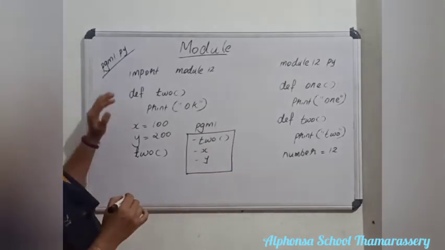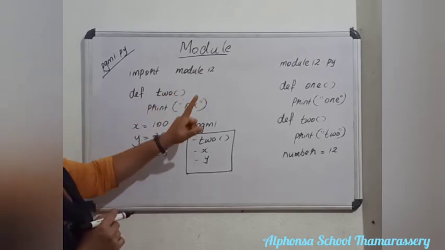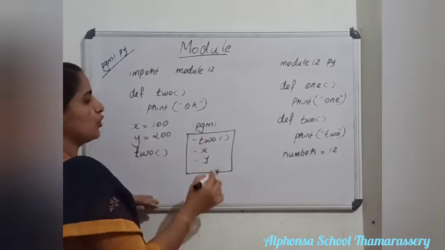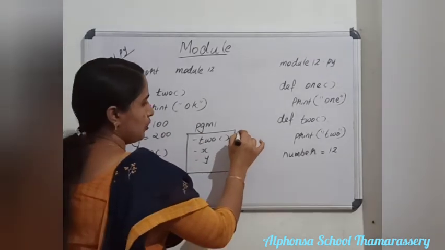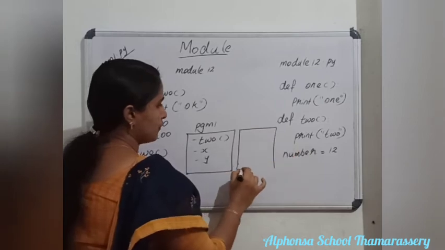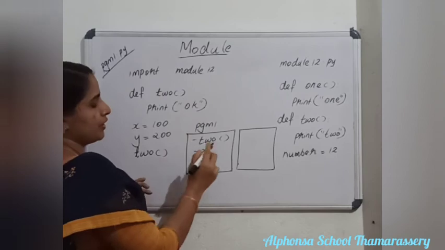Then, as part of the program, I import module12. So it creates one more namespace for module12, and the module12 namespace contains all the elements of the module which I imported here.